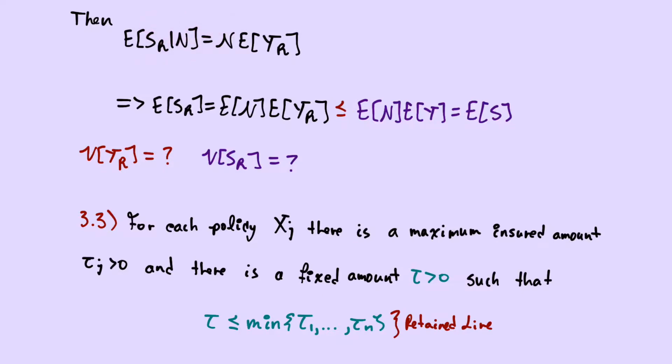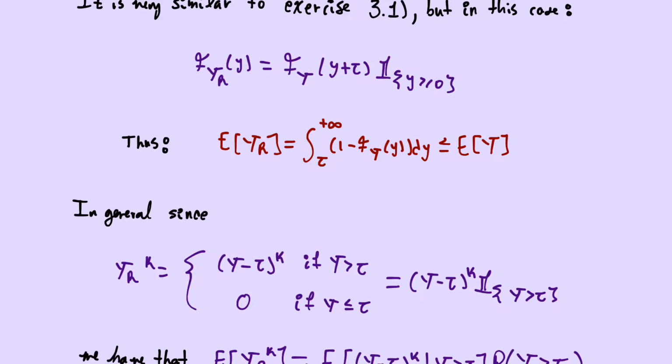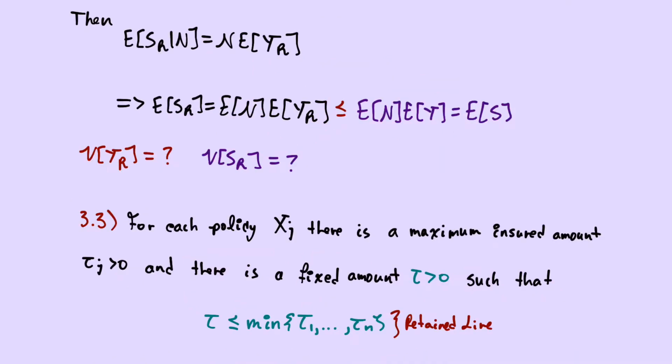So the expectation of S_R would be the expectation of N times the expectation of Y_R. And you can check that, since this integral is less than or equal to the integral from 0 to infinity, like when tau is equal to 0, that integral would be the expected value of Y. So in general, the expected value of Y_R is less than or equal to the expected value of Y. Sorry for my very bad English.